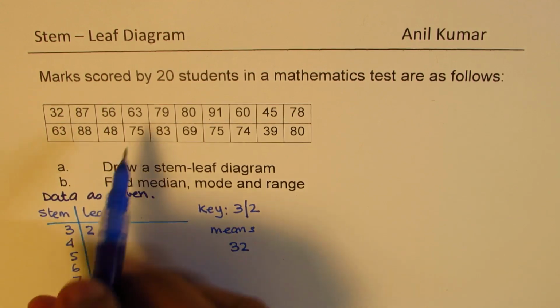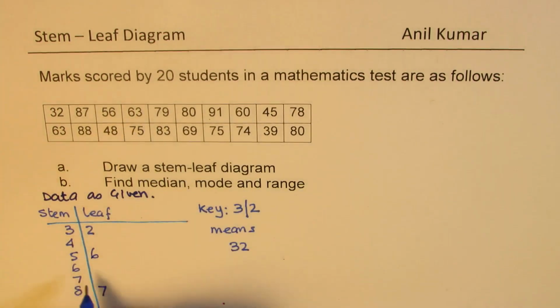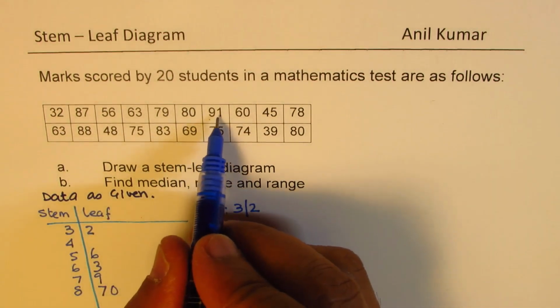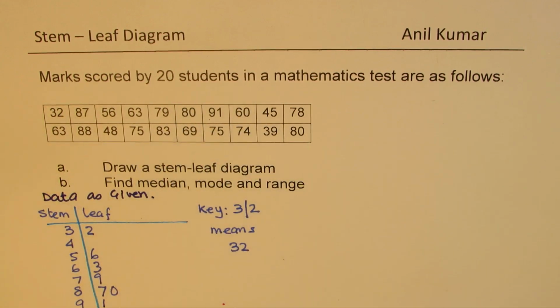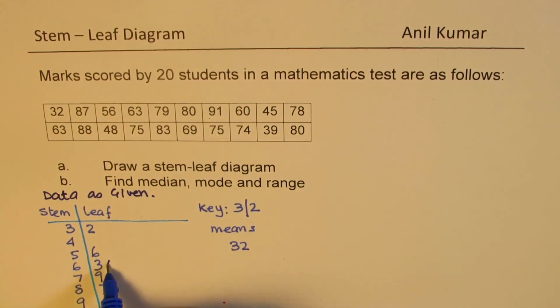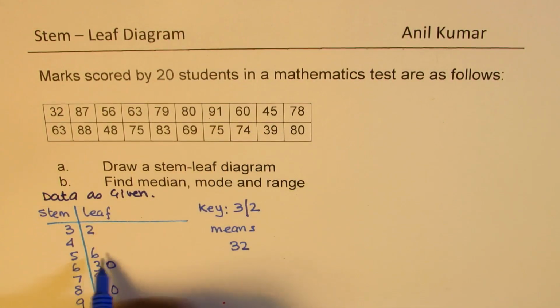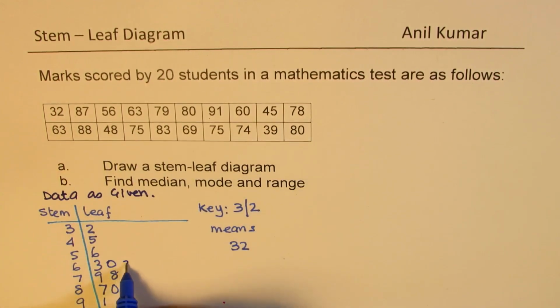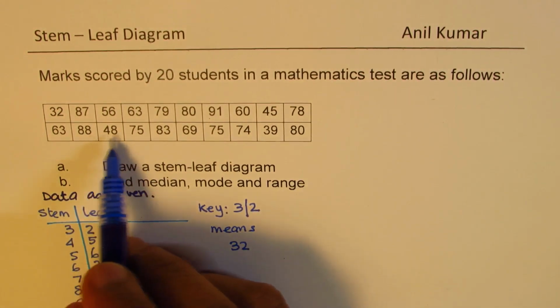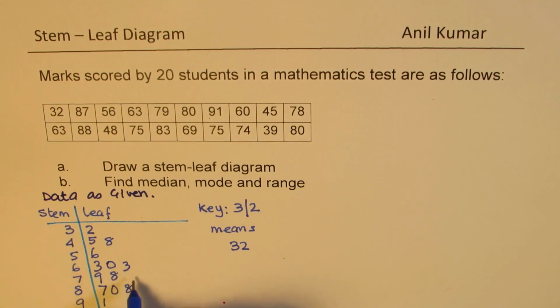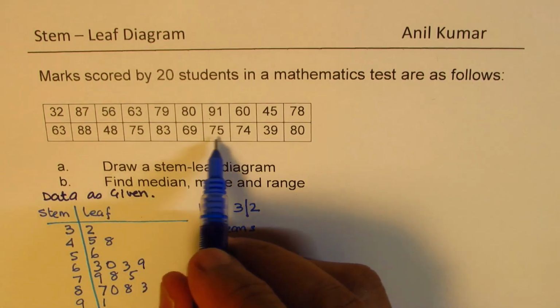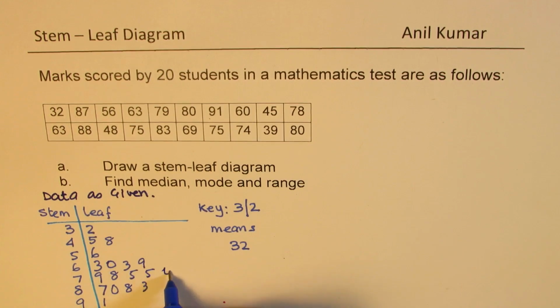So 8 and 7, we put 87. 56, 5 and 6, 63, 6 and 3, 79, 7 and 9, 80 means 0 comes there, 91, we have one more 91, and then we have 60, 60, 45, 4 and 5, 78, 7 and 8, 63, 6 and 3, 88, 8 and 8, 48, 4 and 8, 75, 7 and 5, 83, 8 and 3, 69, 6 and 9, 75, 7 and 5, 74, 39, 39, 80.